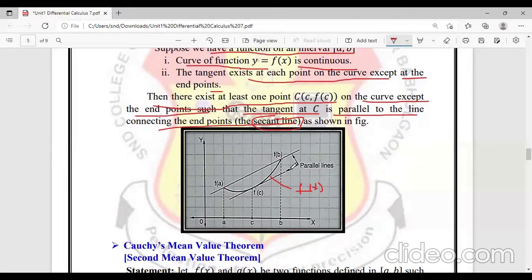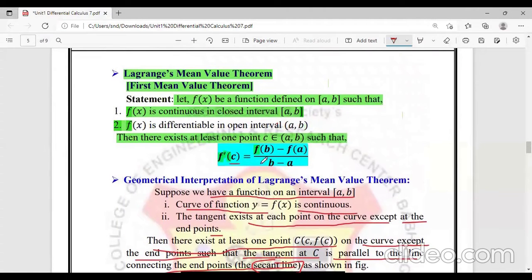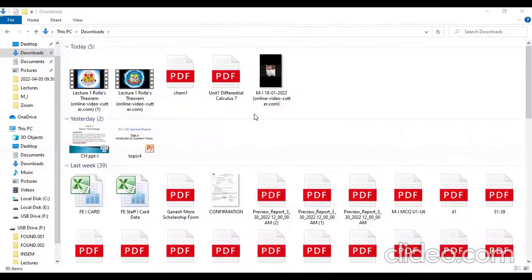The tangent at point C and the line which joins the endpoints are both parallel. And we know that if two lines are parallel, then their slopes are also equal. So here f dash of C is equal to f of B minus f of A divided by B minus A. Now we will see some examples on Lagrange's mean value theorem.